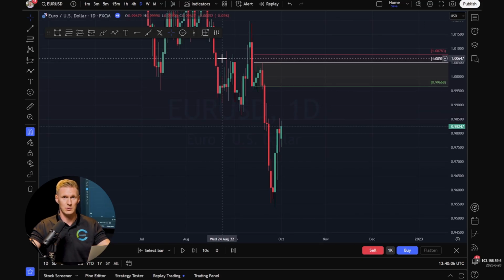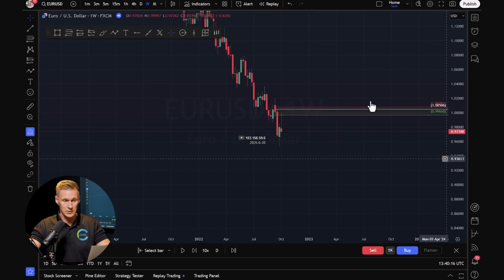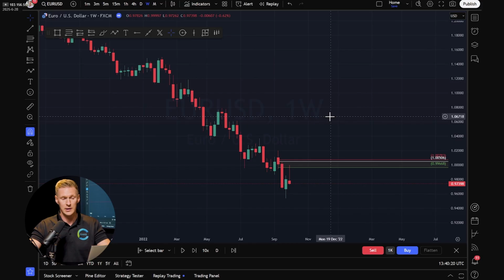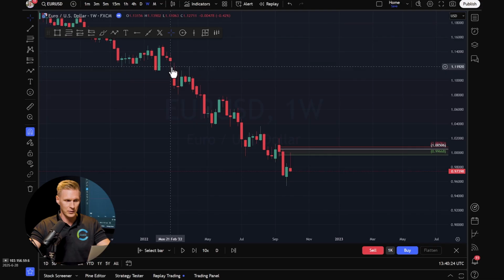Here, let me go. Daily time frame is our lower time frame here. Let's check the trend because we have a lot of rules, right? Let's go on the weekly time frame and you can see that's our higher time frame. We can use it for our direction analysis and it's a clear downtrend, right? Look at this.